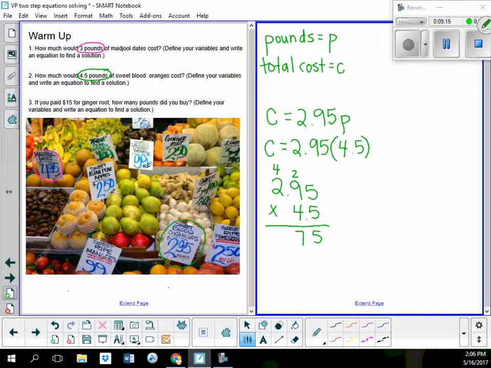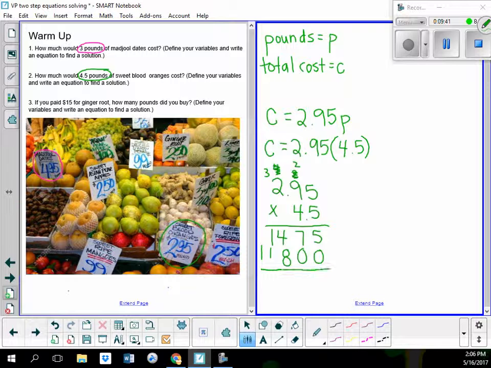Plus 4 is 14. Okay, cross these out so we don't get confused. Put in my 0. 4 times 5 is 20. 4 times 9 is 36. 37, 38. And 4 times 2 is 8. 9, 10, 11.